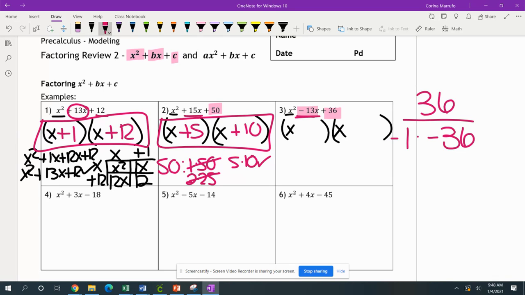So we do need that number when we add them together to be negative. Okay, but this doesn't give us negative 13. So we move on to the next one, negative 2 times negative 18. That gives us a positive 36. But when we add negative 2 plus negative 18, that gives us negative 20. So that is not our factor. We have negative 3 times negative 12.